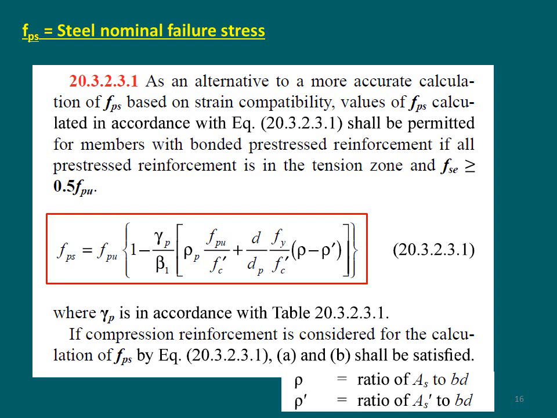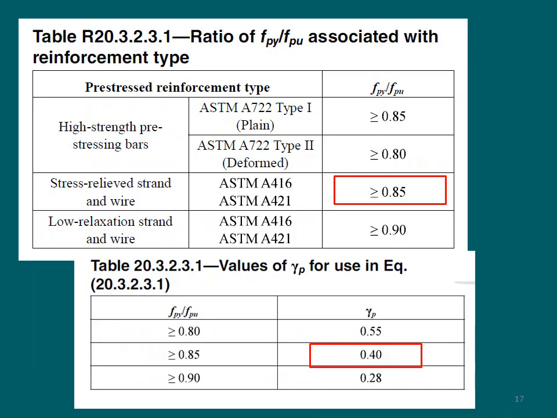Now the question is, what is this gamma sub p? In the code, I have these two tables. For ASTM A416, for stress-relieved strands, which most likely is going to be the one we use, the ratio of yield strength to ultimate strength of the pre-stress strands is going to be nearly 0.85 and higher.